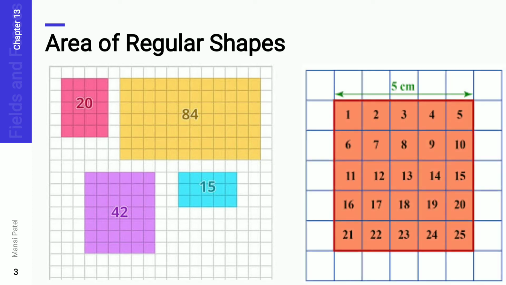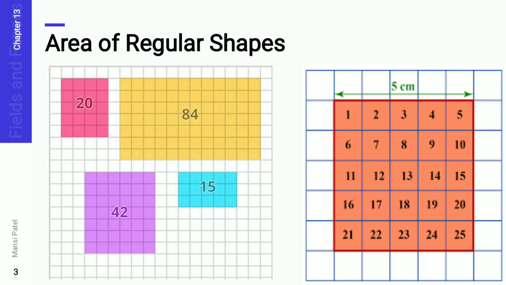Now see, in this figure there are 5 rows and 5 columns. So you can say that 5 multiplied by 5 is equal to 25 square units, or you can count all the squares, then you get the area of these regular shapes.